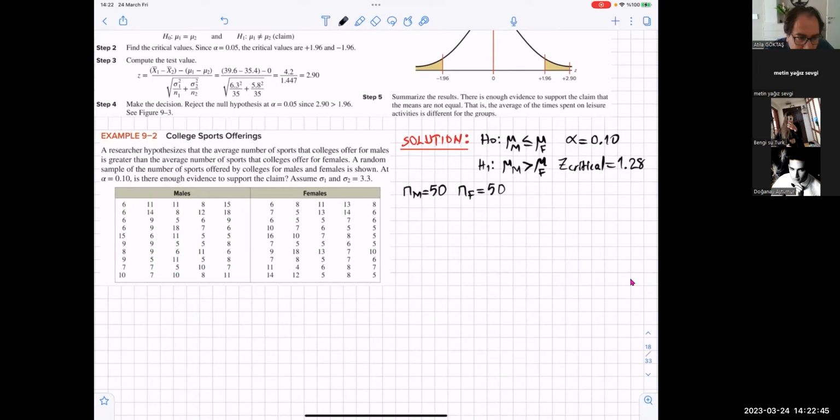We have sigma 1 equals 3.3, and sigma 2 is also 3.3. To test the hypothesis, we need the X bar for male and the X bar for female. It's easy to calculate. All you do is sum up those 50 numbers.